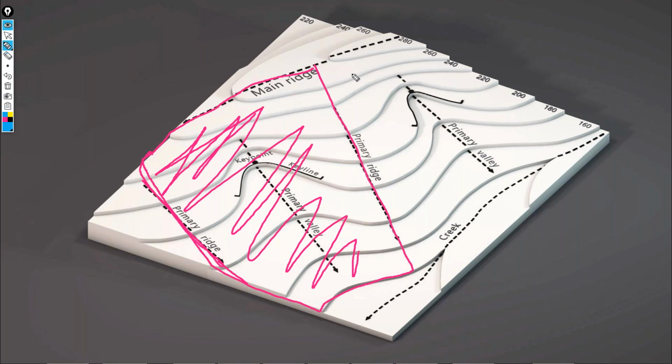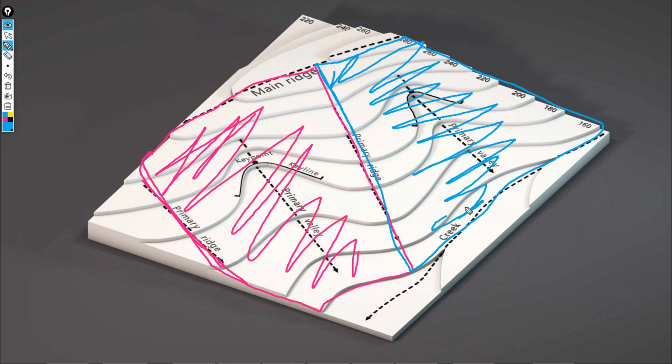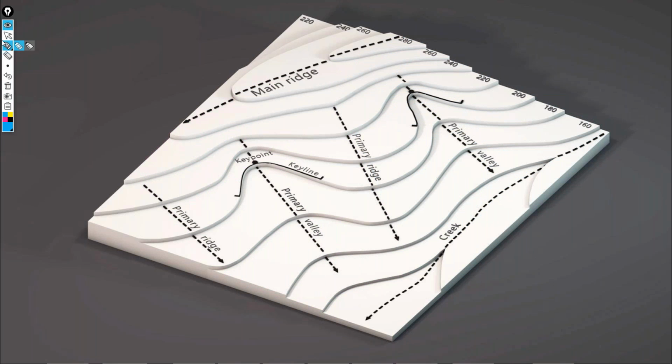And similarly, on the other side, you have another primary land unit defined by these elements. Now, once you start doing this on the whole landscape, you get a very clear subdivision that divides your land into small manageable chunks that you can start tackling in a particular way.